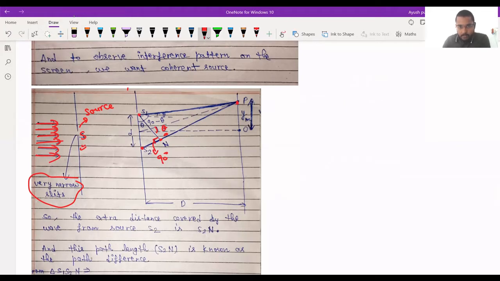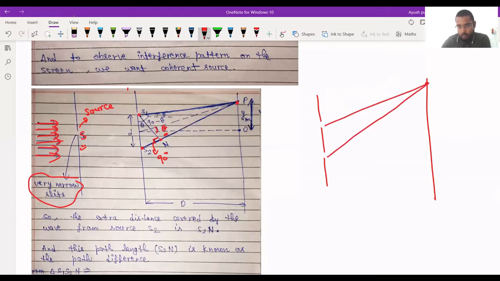So now let me draw here. See, this is the case. This is the point P, and these two rays of light are coming to this point. There is one ray going like this, and this is the distance capital D. Now I'm saying this angle is theta.